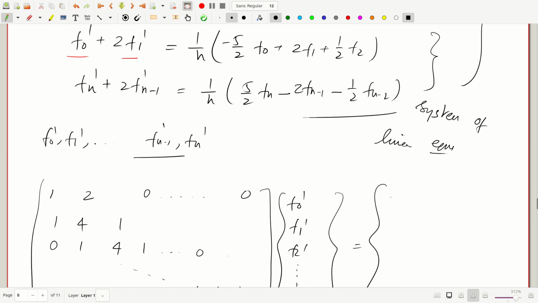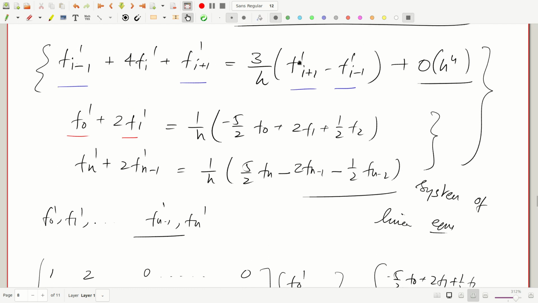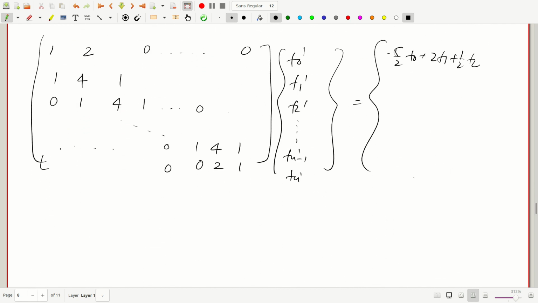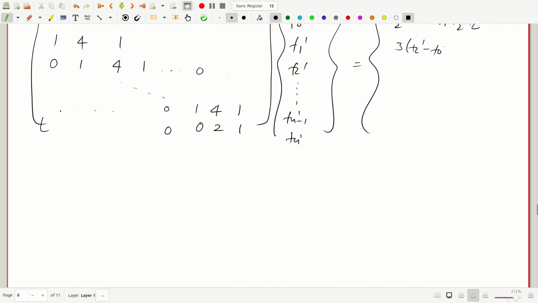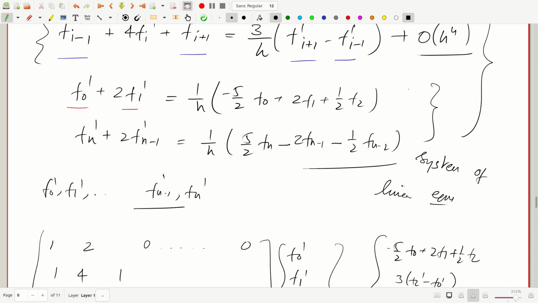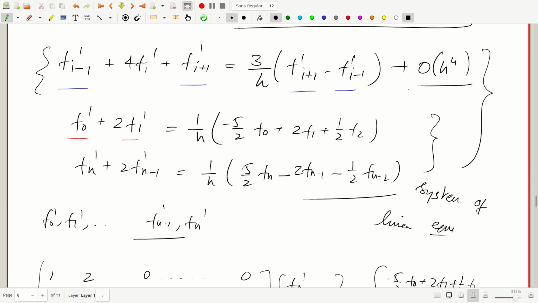This is basically minus 5 by 2 f0 plus 2 f1 plus 1 half f2, and then for i equals 1 this is 3 times f2 minus f0, then 3 times f3 minus f1, and so on, up to 3 times fn minus fn minus 2. Those are just the regular values, with no primes here, because the prime is already on the left hand side.